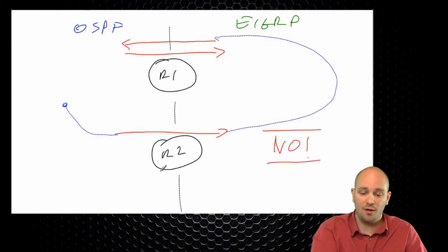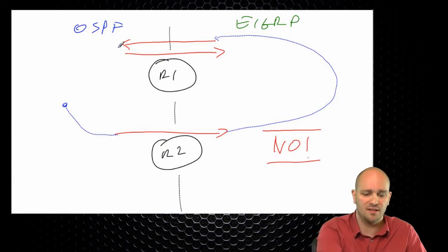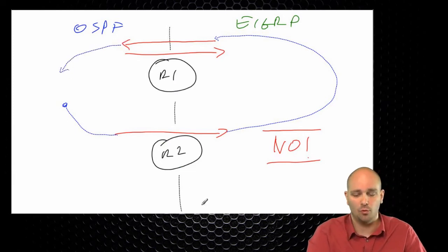Now, this is not a route injected by R1. This is a route injected by R2, another router. So no loop prevention mechanism in EIGRP or OSPF is going to prevent this. And I might actually inject the route back into the OSPF domain, and that could loop.